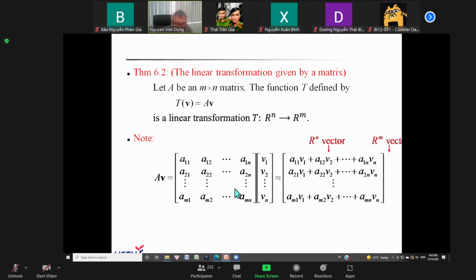Here is a vector inside Rn and here is a vector inside Rm. Like in the previous slide, you can verify that the mapping defined like that is a linear transformation from Rn into Rm. It satisfies both axioms in the definition of a linear transformation. Here I write it once again: T from Rn into Rm by the formula T of V equals A multiplied by V.